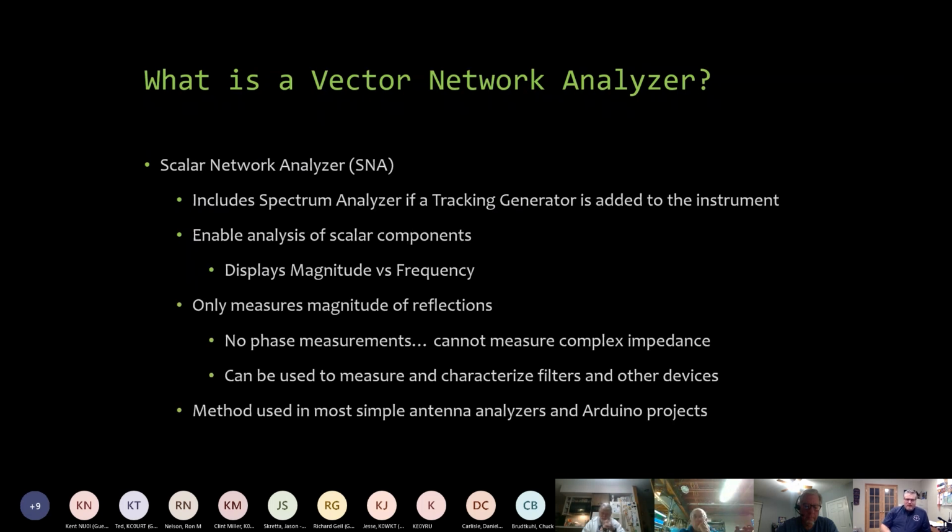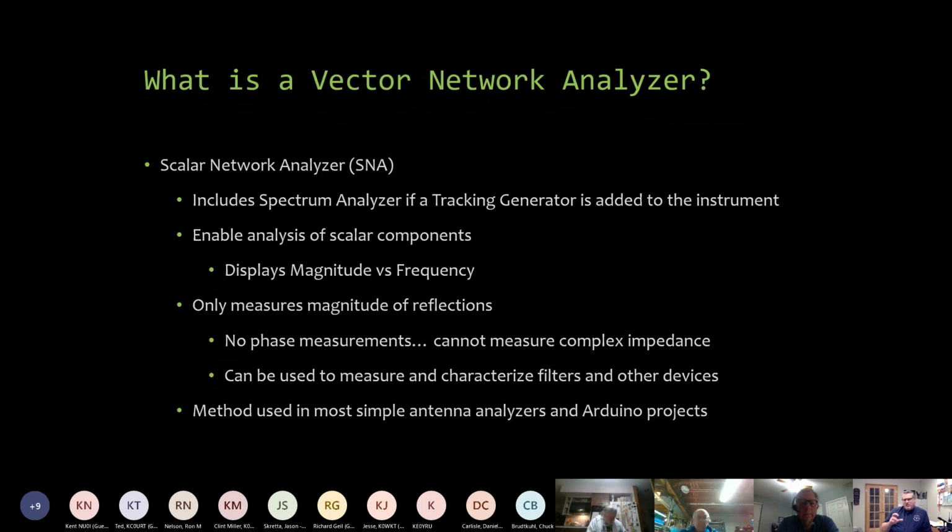A step beyond that, we jump into the scalar network analyzer range, or SNA. A spectrum analyzer, if we tack a tracking generator onto it, really becomes an SNA. It lets us analyze scalar components. We can display magnitude versus frequency, but we miss out on the phase measurements. We can't measure complex impedance with an SNA, but we can use it to measure and characterize filters and other devices.